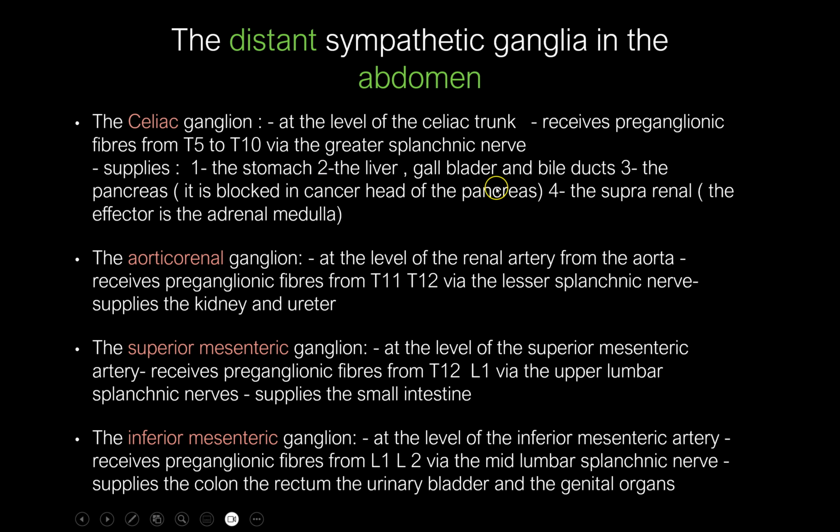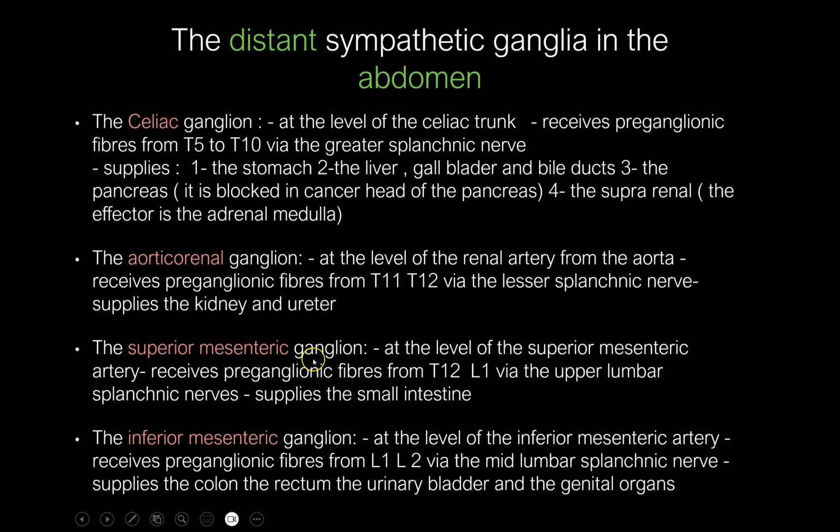Aortorenal arises from, this is up to T10, here T11, T12, they call, here's the greater splanchnic, the lesser splanchnic nerve, and go, of course, to the aortorenal ganglion, to the kidney and ureter.